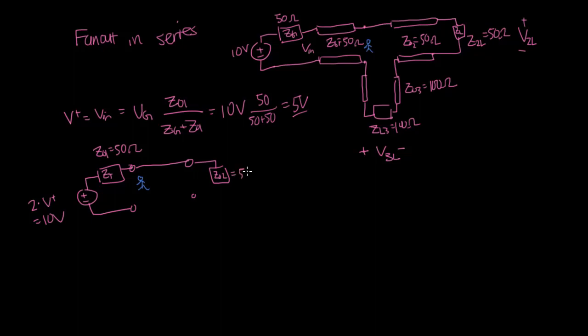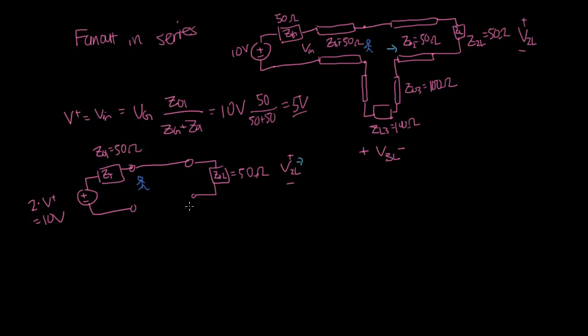So that's going to be 50 ohms. And then this voltage is going to be V2L. Whatever voltage you measure here is going to be the voltage going in this direction. So find that V2L, and that's going to be the voltage wave going in that direction.